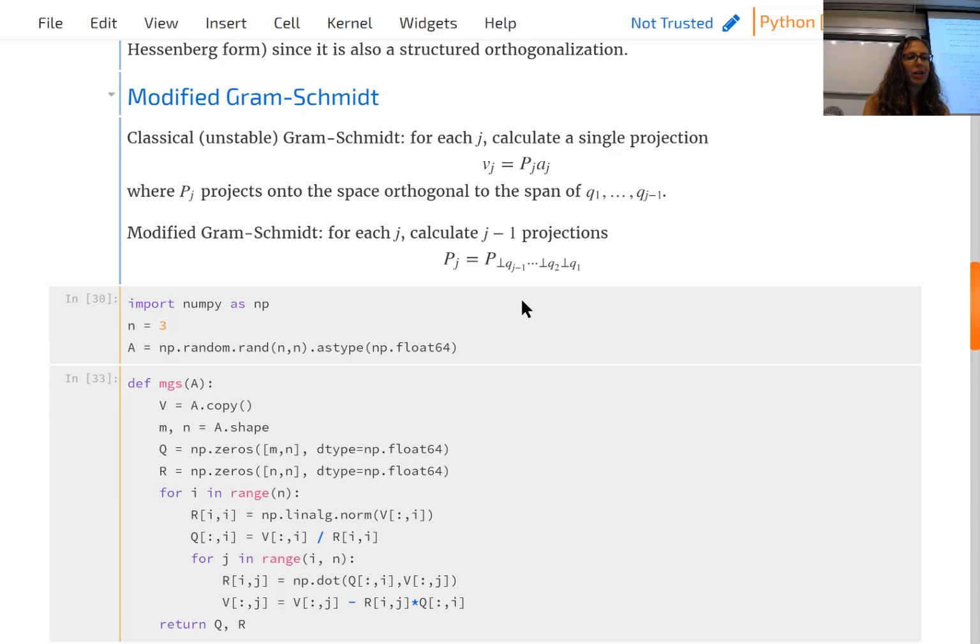In classic Gram-Schmidt, for each j, you're coming up with a single projection onto your qj, and Q3 is the projection onto the space that's orthogonal to Q1 and Q2.